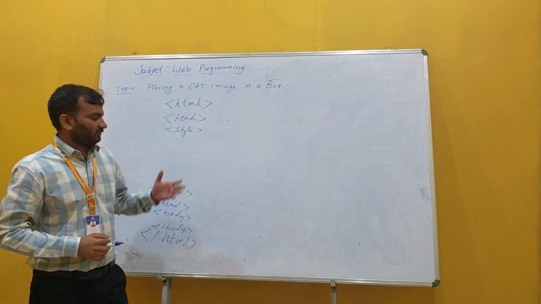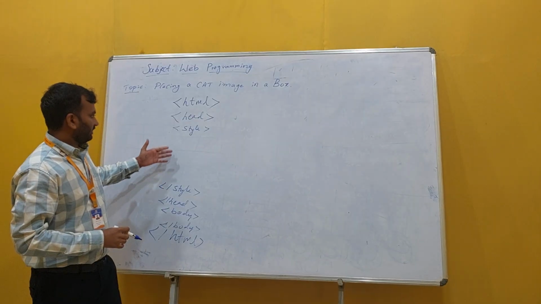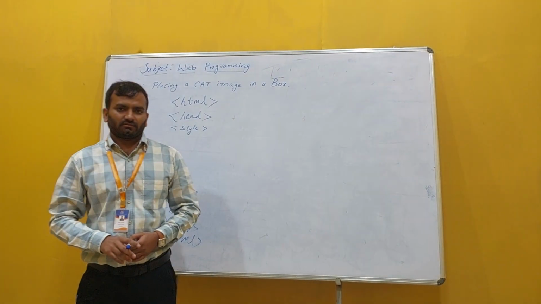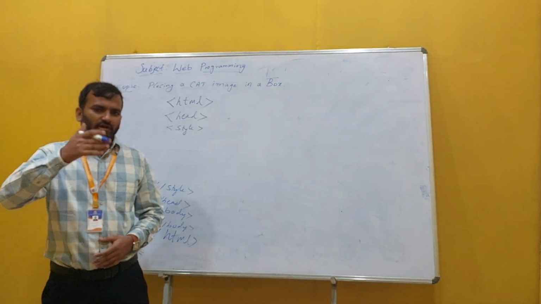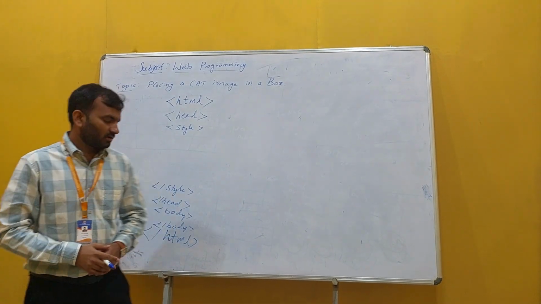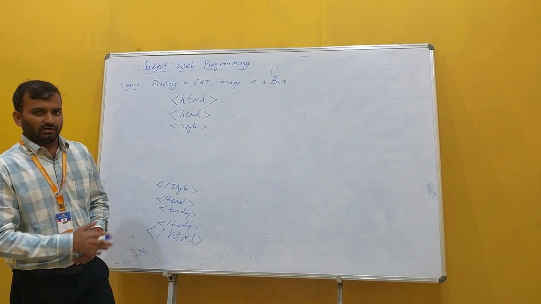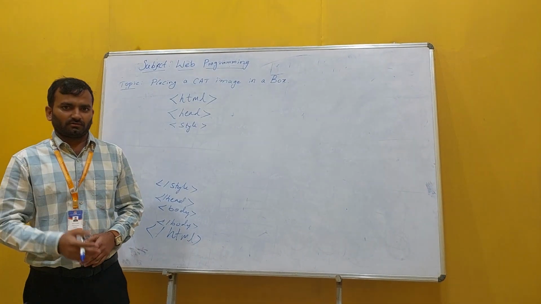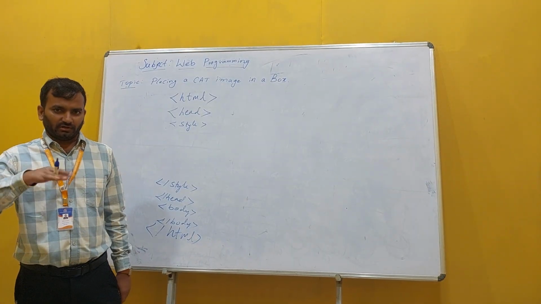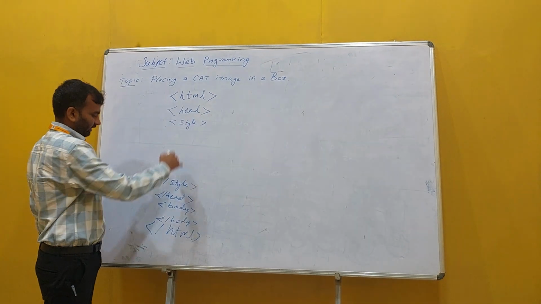So, we need to write a style tag in between head tags. We can call it internal CSS. If we write CSS files outside, we call it external CSS, and we can also write CSS code inline. We can write CSS in three types, but in this topic I am writing internal CSS between head tags.